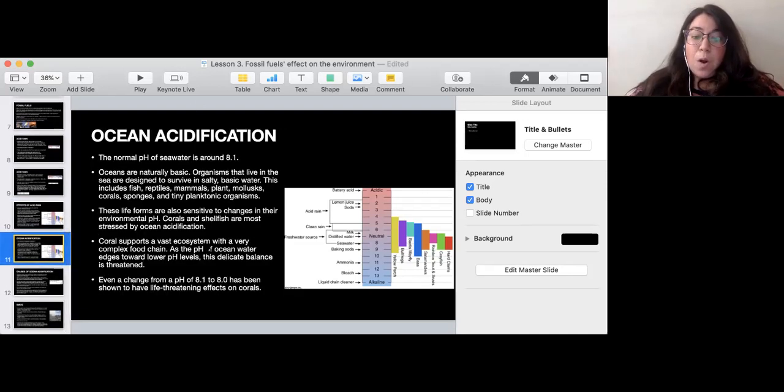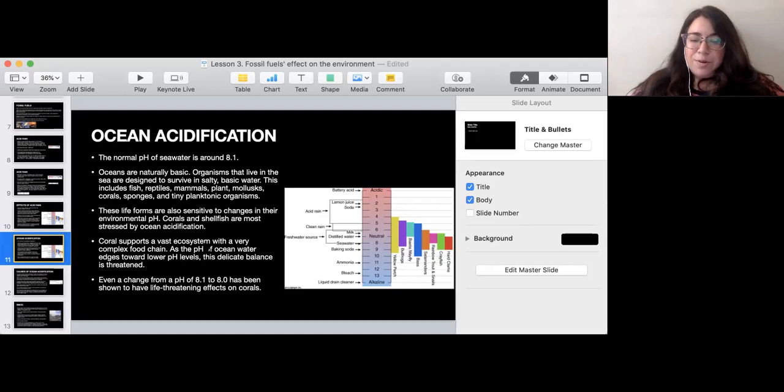Now, about ocean acidification. The normal pH of seawater is around 8.1. Oceans are naturally basic, and all of the living things that are there, like plants, phytoplankton, mammals like whales, fish, mollusks, corals, sponges, are made to survive in salty basic water, not acidic water.